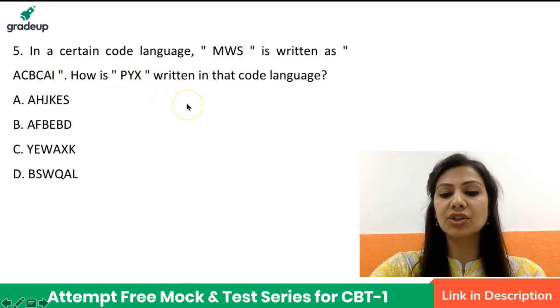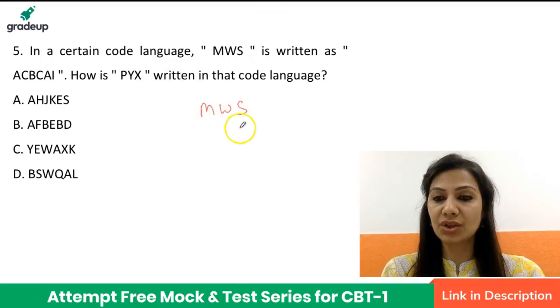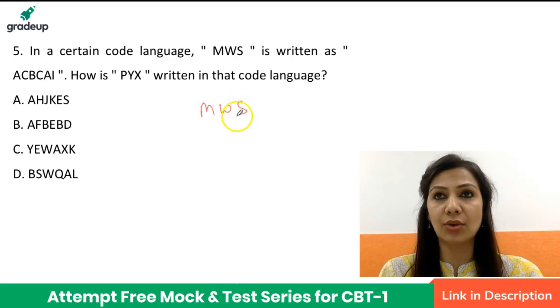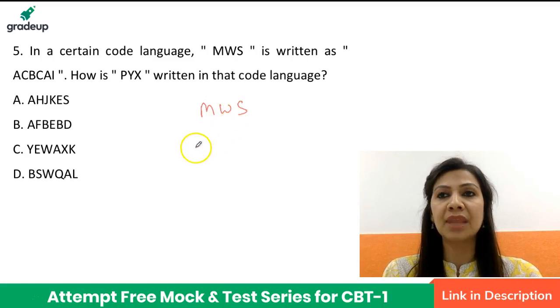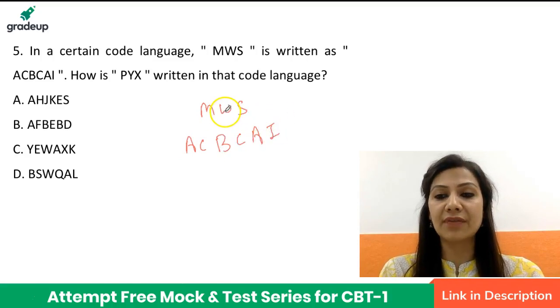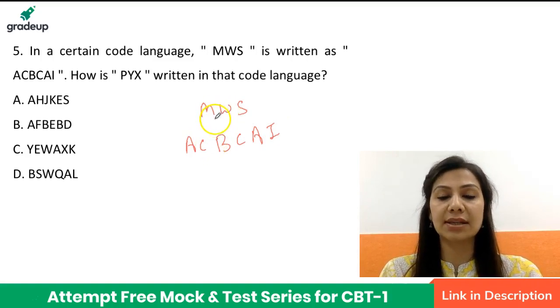So first of all, student, the most noticeable point you are having is MWS, which is a word group of letters of 3 length only, or 3 letters you can say, is converted, and after conversion it is of 6 length, that is EC, BC, AI. So definitely you have converted from 1, right? So 2 letters are there, with respect to 1 there is a conversion.